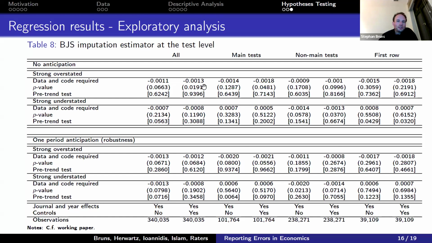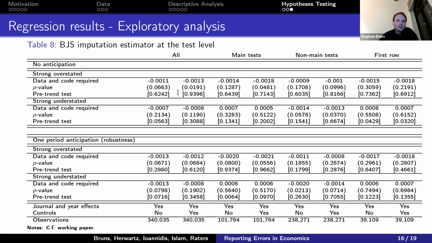What is important in a difference in difference design is the pre-trend test, because in this design we assume that the trend of the control group is the trend of the treatment group in the absence of treatment. Therefore, we need to test for common trends before the treatment.